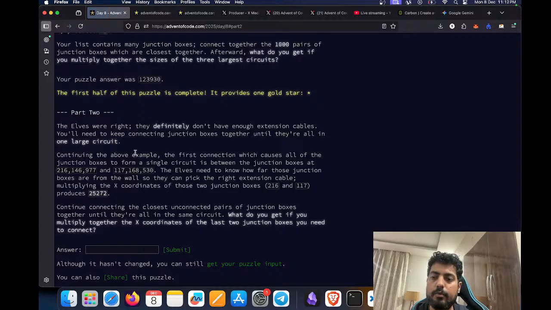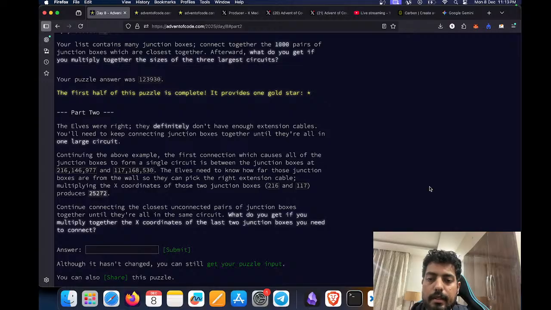So going to part 2, the elves were right, they definitely don't have enough extension cable. You'll need to keep connecting junction boxes together until they are all in one large circuit. Continuing the above example, the first connection which causes all of the boxes to form a single circuit, the elves need to know how far those junction boxes are from the wall so they can pick the right extension.